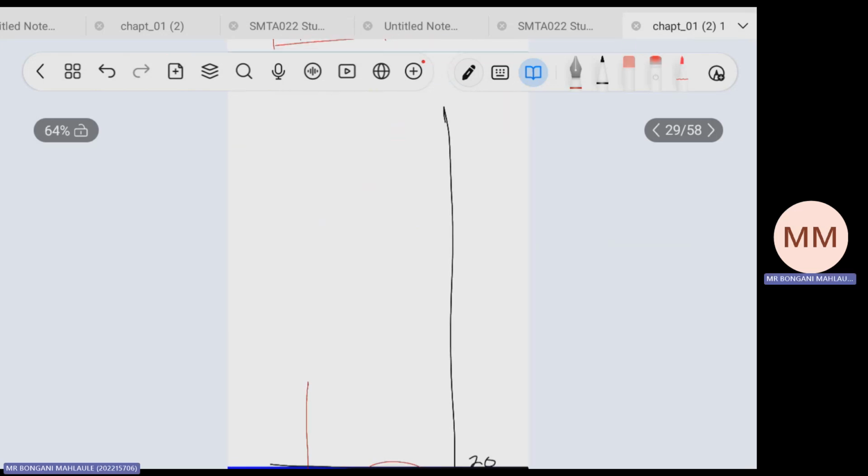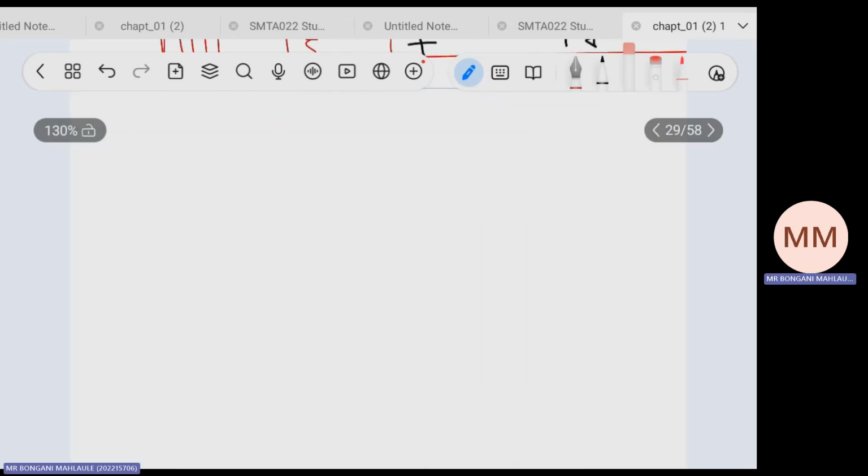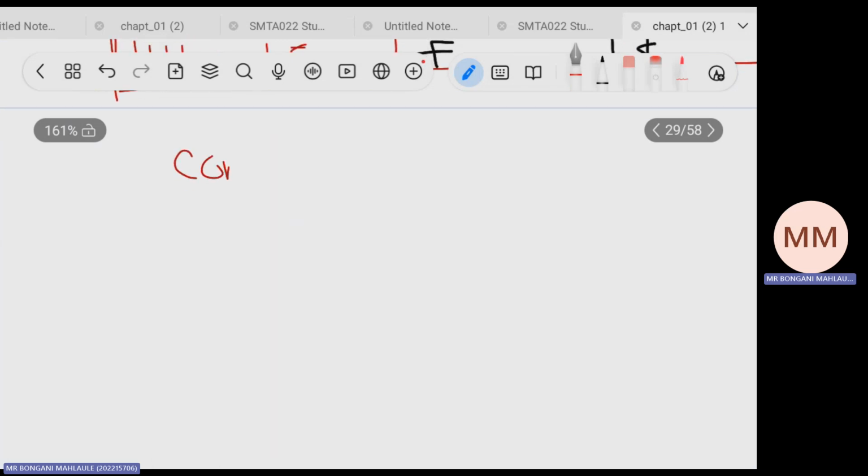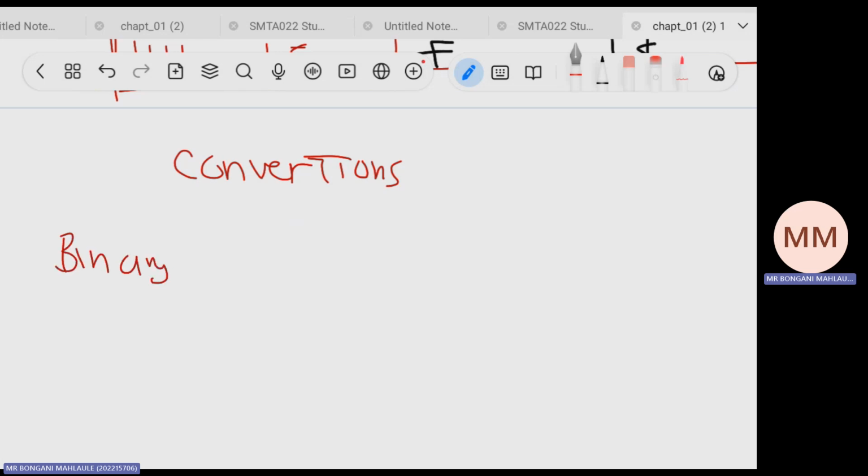Now let's do some conversions here. We can convert from binary to decimal. We can convert from octal to decimal.